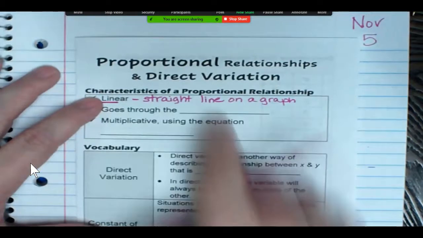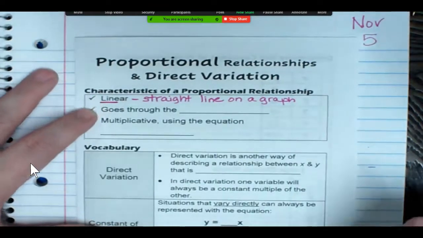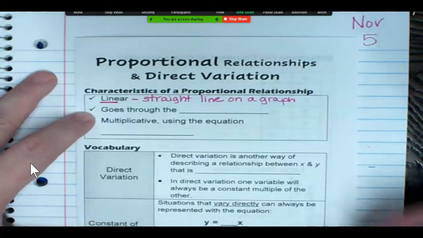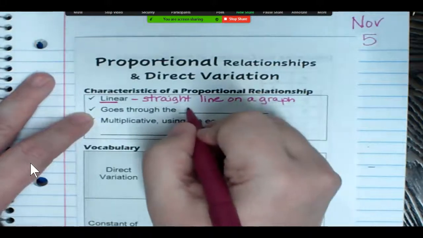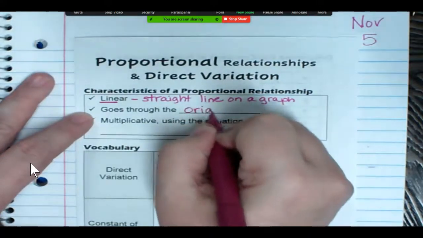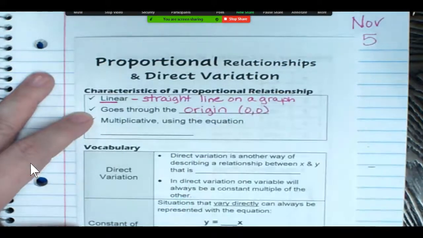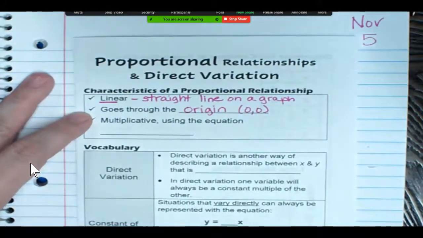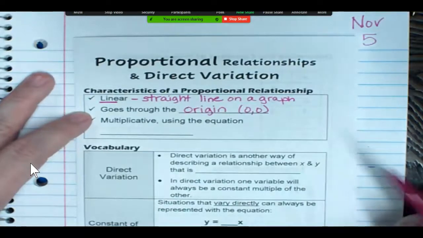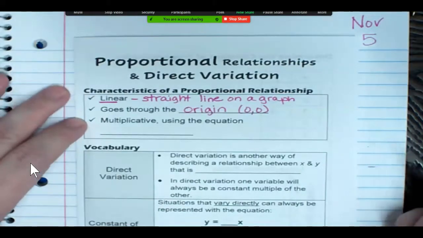Also, because it's proportional, if you remember back to 6th grade, that line on a graph will always go through the origin, which is, we know, the point (0, 0). The other thing, and this is reaching way back to 6th grade, 6th grade you talked about multiplicative and additive relationships.